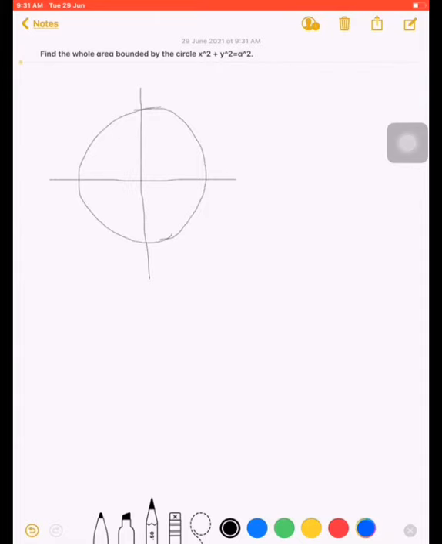The center is at the point of origin. Like I said before, the circle is symmetrical, so basically the whole area is 4 times the area of the circle in the first quadrant.